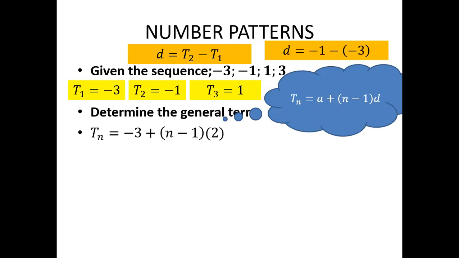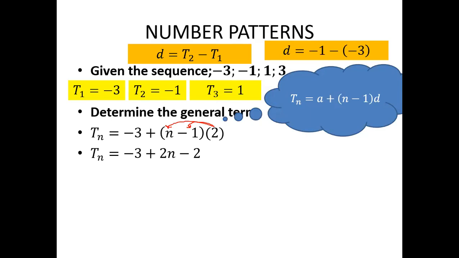Then you will have to multiply out. When you multiply out, you will multiply everything by this 2 over here. So 2 times n will give you 2n, and 2 times -1 will give you -2. You will end up having -3 plus 2n minus 2.